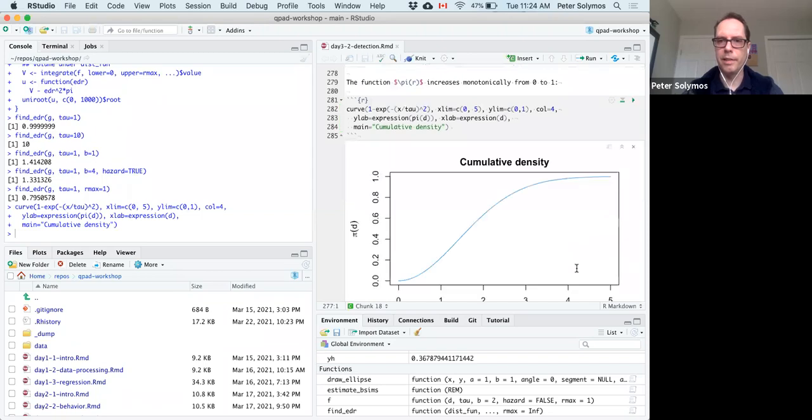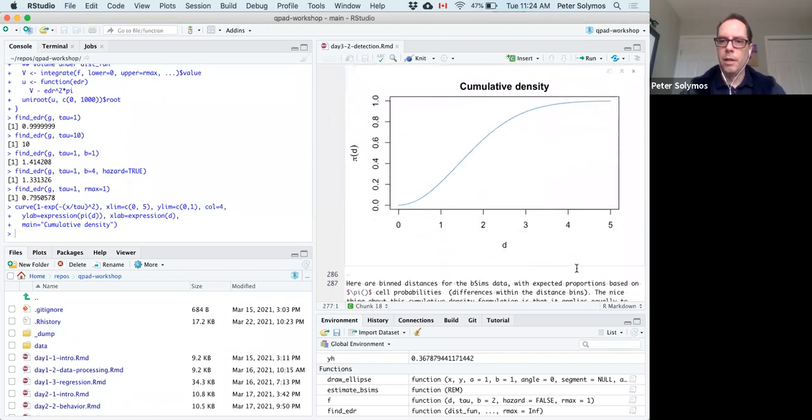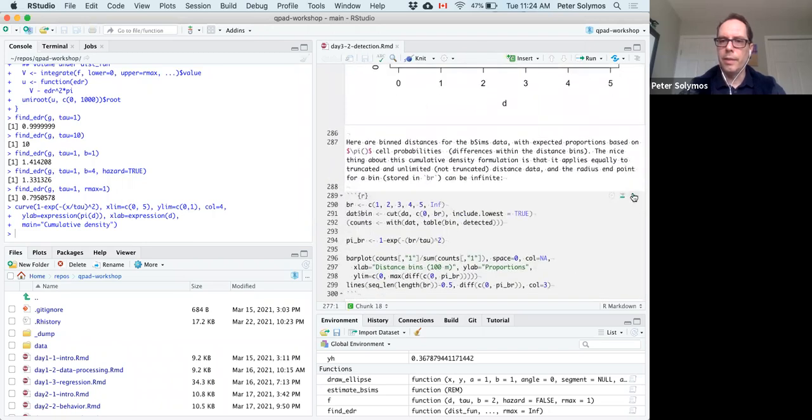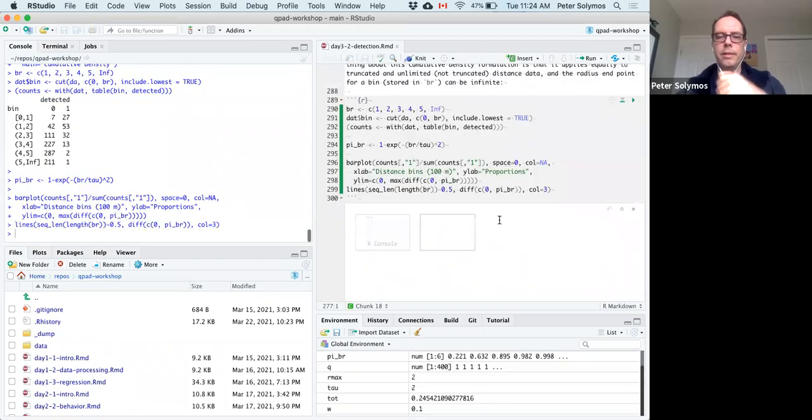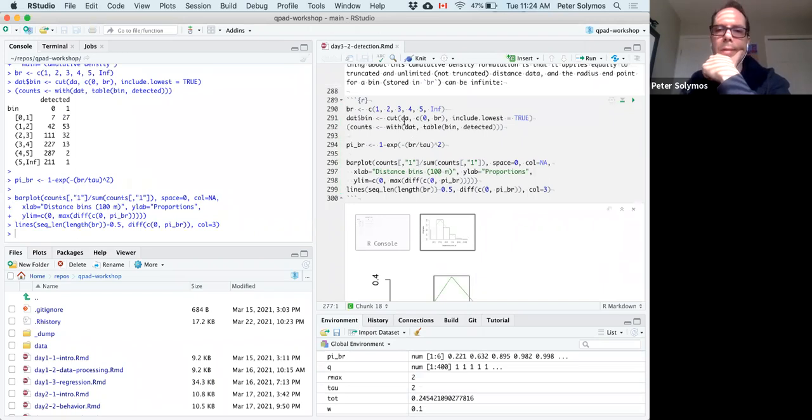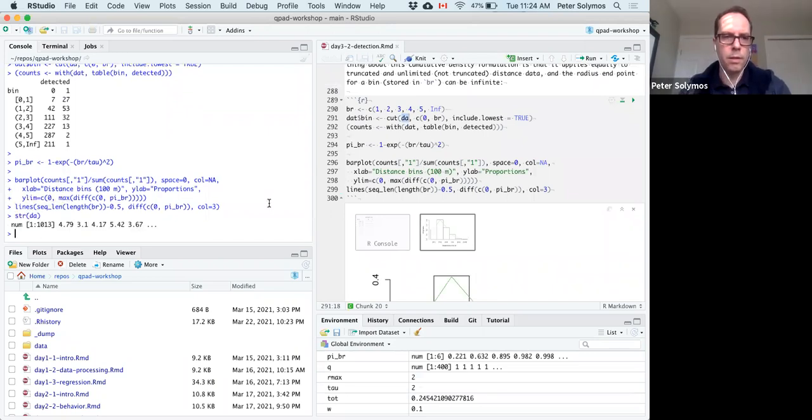And finally, we have this cumulative density. And that is what we can use to bin the data. Now just think back what dA was. That was the distance to all of the individuals in the landscape, 1,013 nest locations, and their distance from the observer.